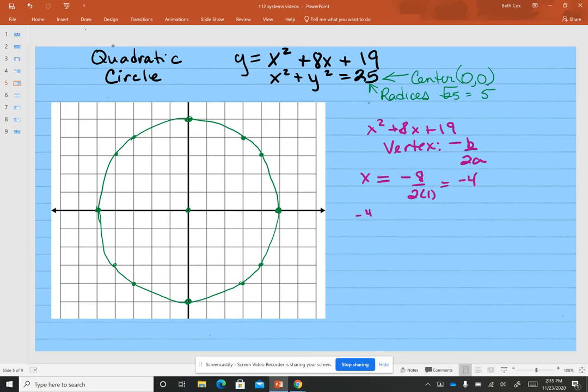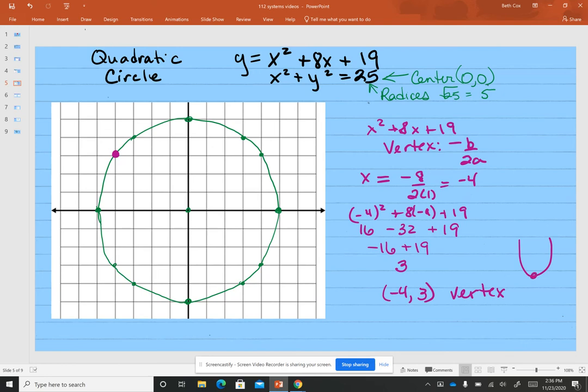And then we just plug in negative 4, and we're going to get 16 minus 32 plus 19. And so that's going to give me negative 16 plus 19, which is 3. So I have a point at negative 4, 3. That's my vertex. Let me put that on here. Negative 4, 3, which is right here. That's my vertex, and if you remember, the vertex is the point at the bottom.